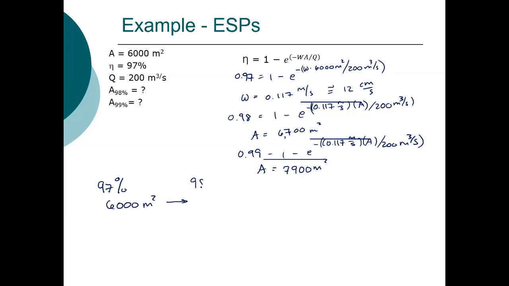We want to increase it to 98%. We need another 700 square meters. If we want to increase it to 99%, we need another 1,200 meters squared of area. So you can see that these get significantly larger the greater the removal efficiency that you need.